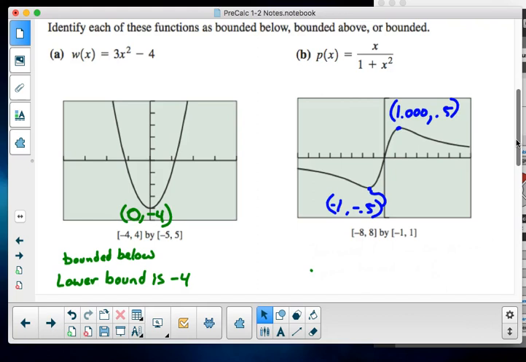Remember, I can look this up on my calculator. If I actually use the min program in my calculator and I'm working on the max curve, it'll freak out on me, or vice versa. So I have to make sure I know which one I'm looking at. Selection's a big deal, so make sure you're reading. I did find these points by using my max and my min, and these are absolute max and mins on this function.